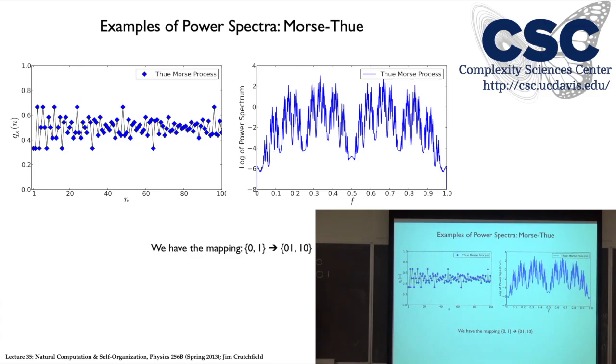The second iteration, I would just take this 0 and map it to 0, 1, and then this one, I would take the mapping 1, 0. Then I just keep doing it over and over again.